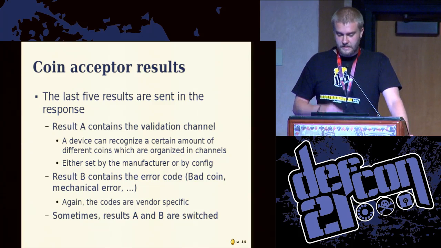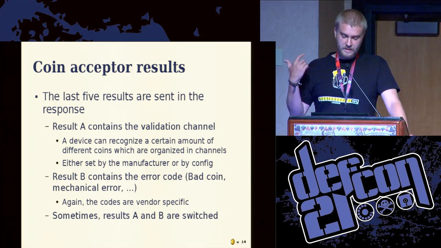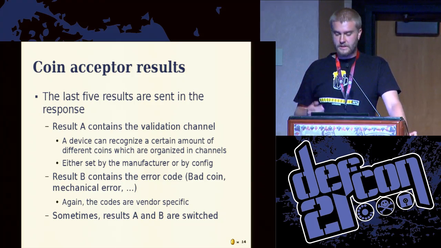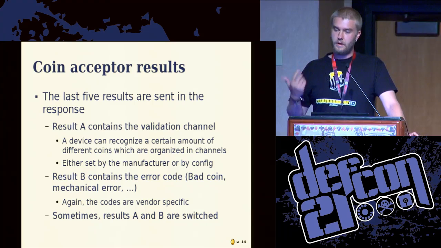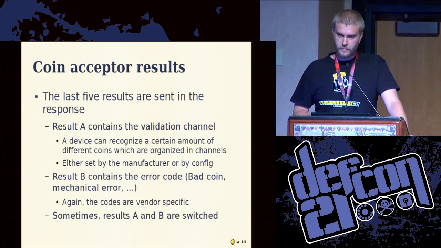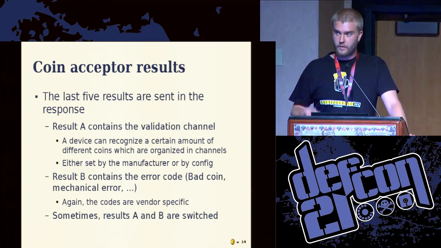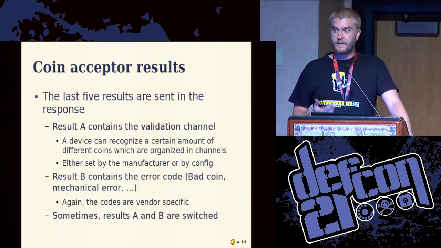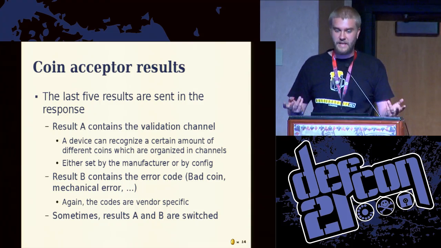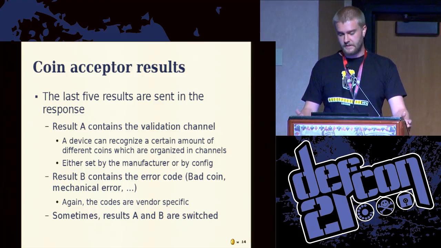The results are sent in 2 bytes, as I said. Normally, the first byte contains what is called the validation channel. Coin acceptors have validation channels, normally 16 kinds of coins they can recognize, so you can make the device learn 16 different coins.